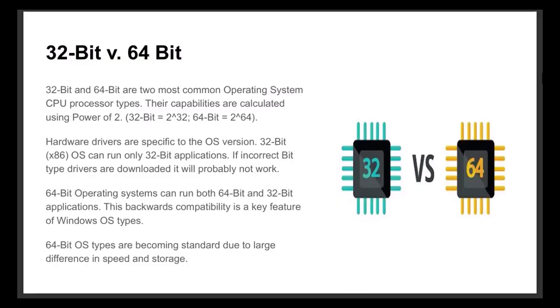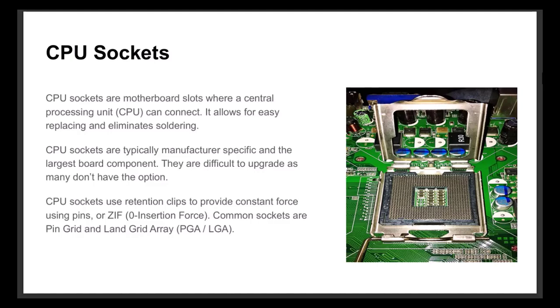Two very common CPU layouts are pin grid array, PGA, and land grid array, LGA, slotted into the motherboard sockets. And this will allow the CPU to connect to all of the different components that are on the motherboard. CPUs are typically manufacturer specific.